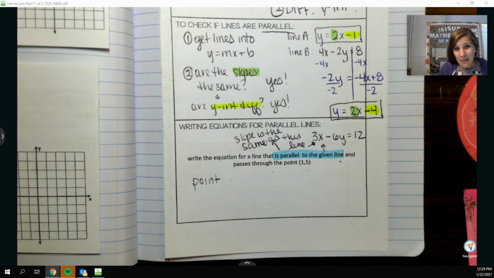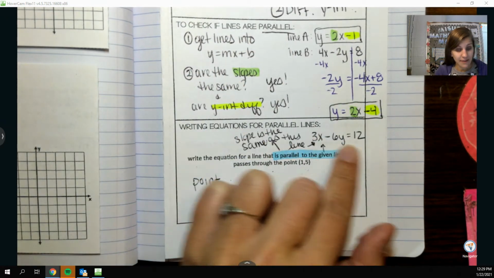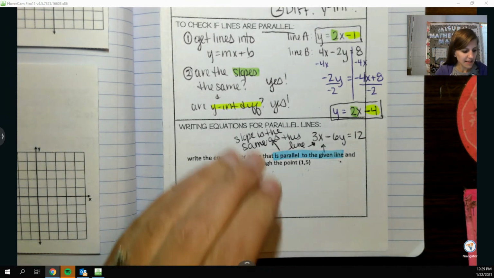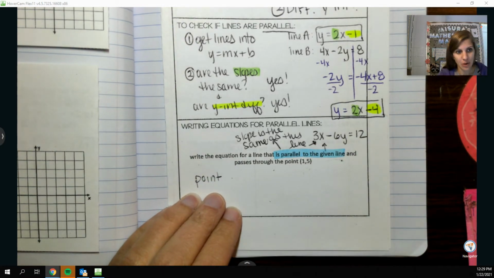And that makes sense because if the lines are parallel, they have to have the same slopes. So they're giving you a line which has the slope in there somewhere, and then they're giving you a point that your new line has to go through.